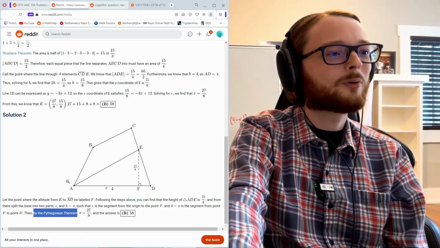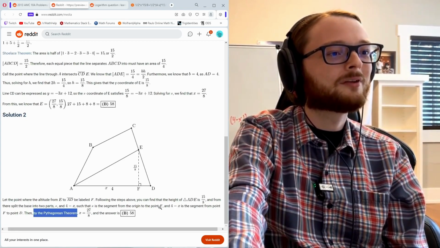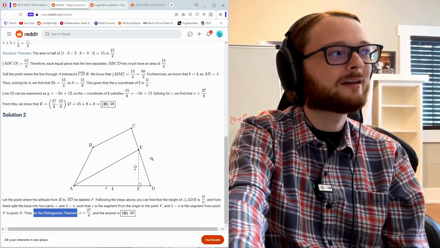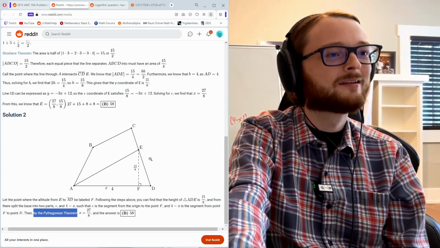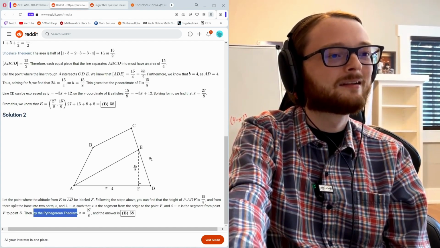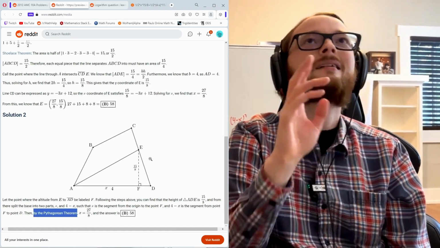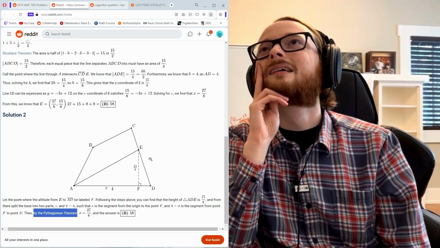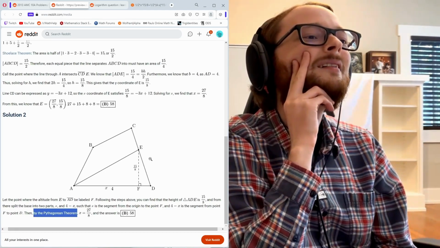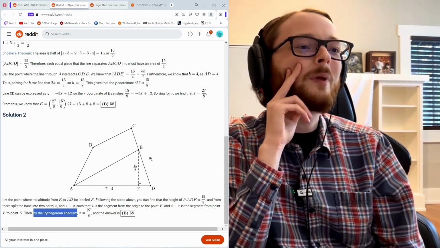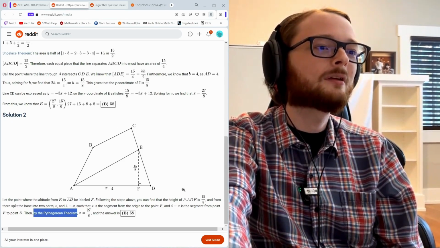All we know are the points of A, B, C, and D. We know this height. We know X must be between 3 and 4.